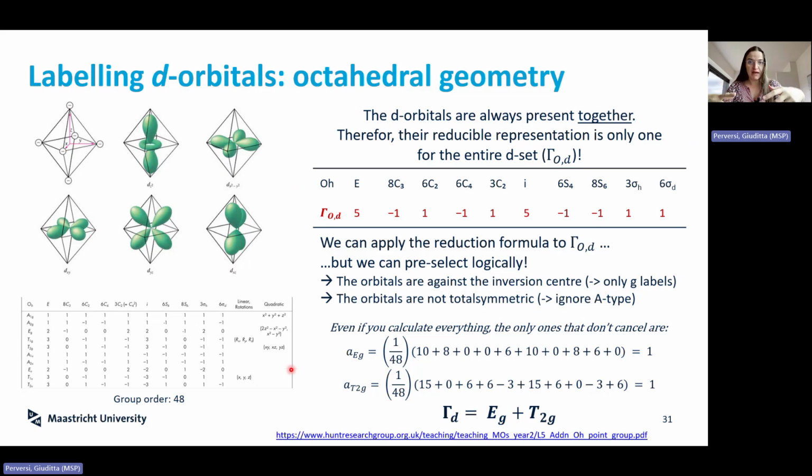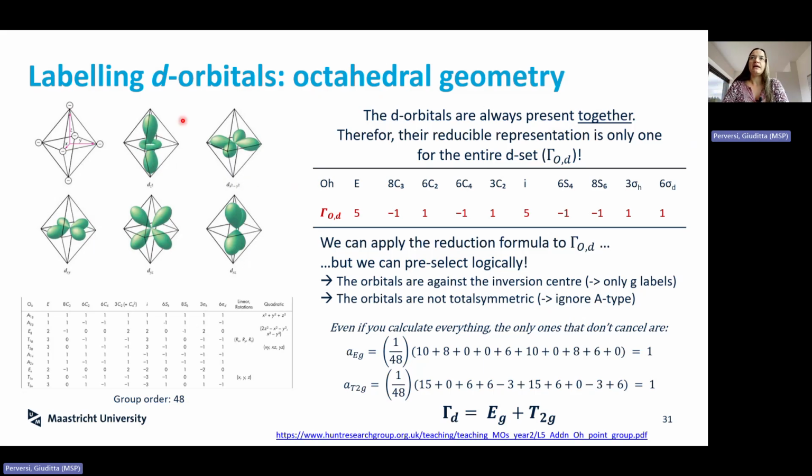All of the orbitals appear together. You cannot say, oh, I only want my complex to have this dz squared, because all of the d orbitals come together with the atom. Therefore, when you actually do the set of what is bonding in an octahedron, you need to consider all of them at the same time.